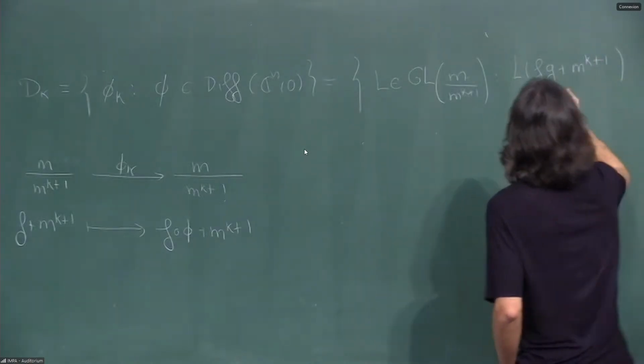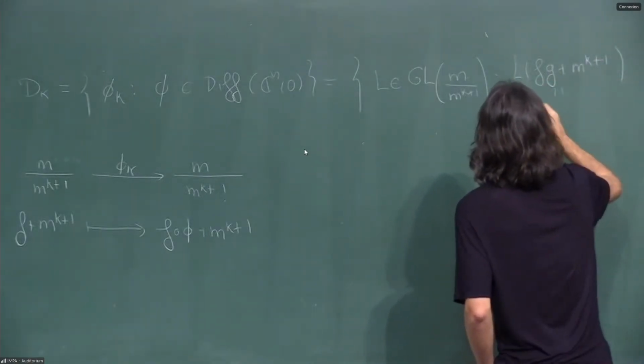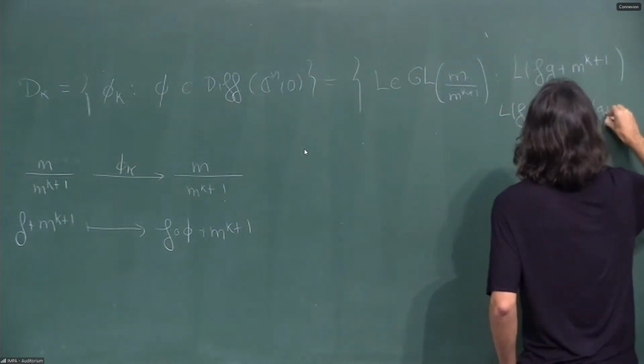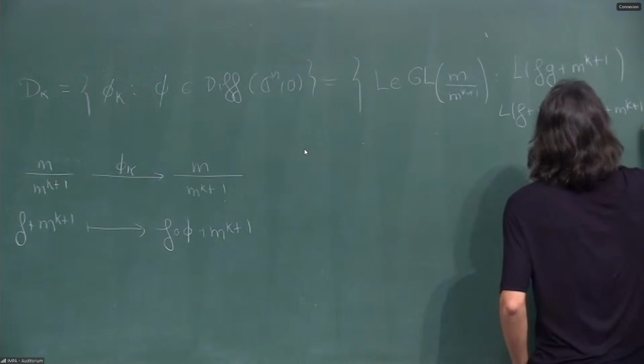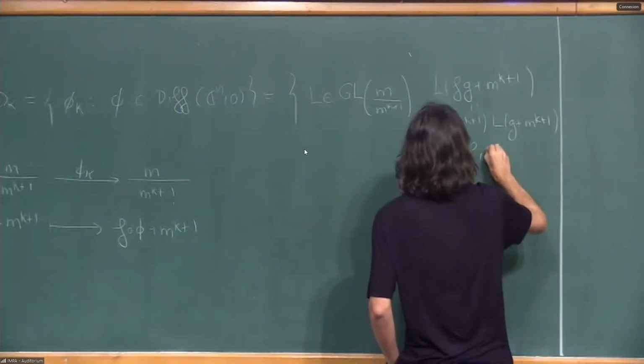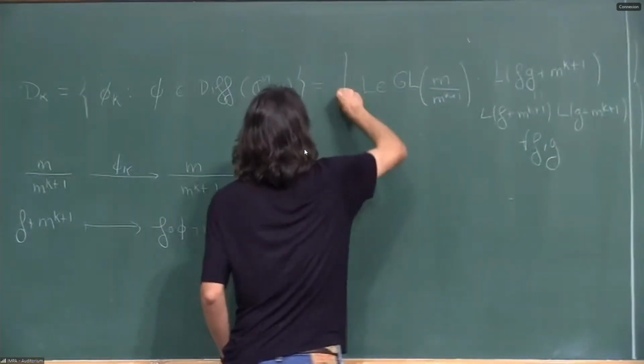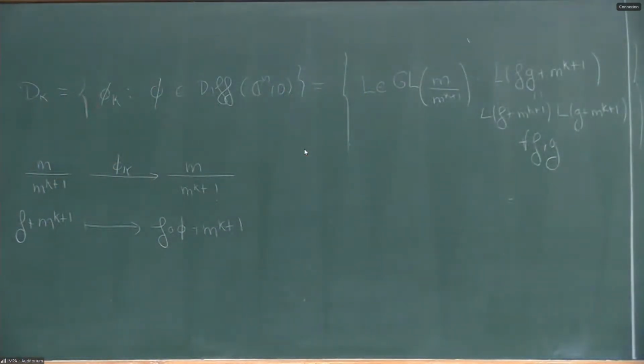I'm going to write this condition so that it's clear. This should happen for every f and g in the maximal ideal: you have that these two things are the same. That's, if you want, a theorem, a simple theorem, but it's an interesting result.